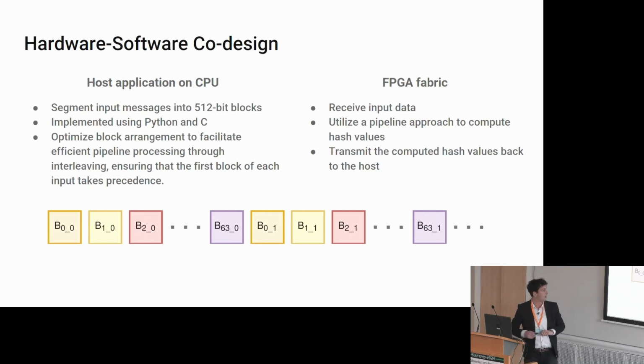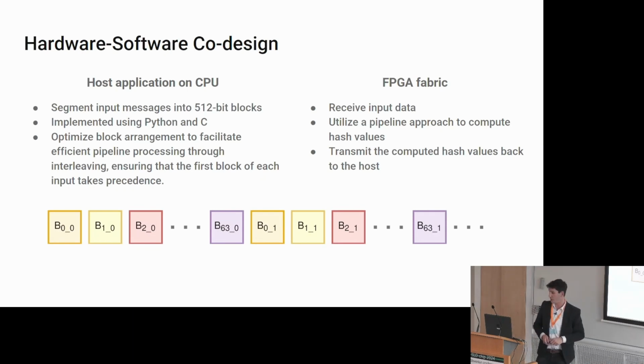So basically, this is the first block of the first message, the first block of the second message, and so on. Our accelerator can do 64 messages in parallel. Then the next group holds the second blocks of the messages.